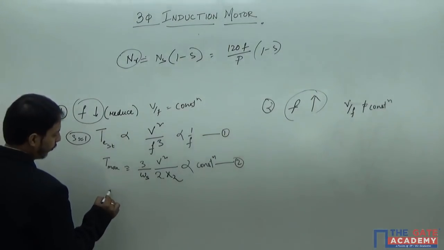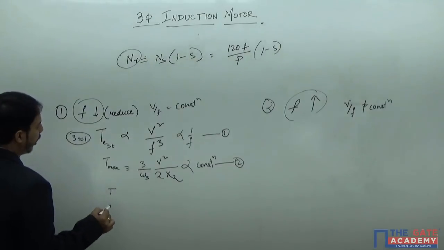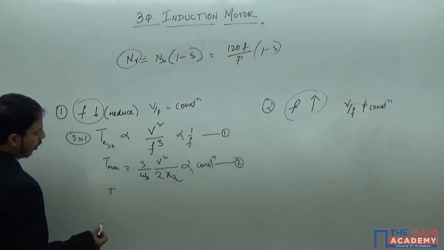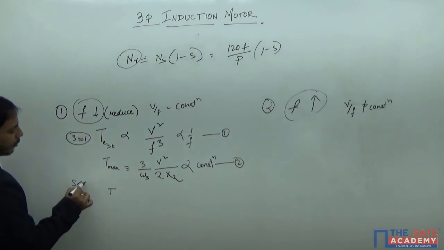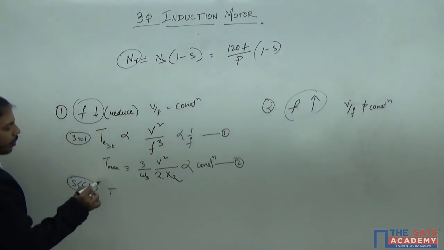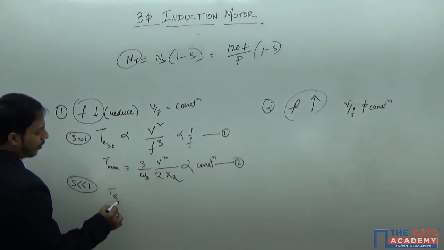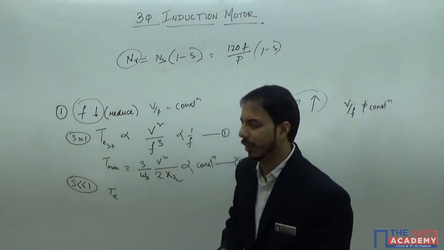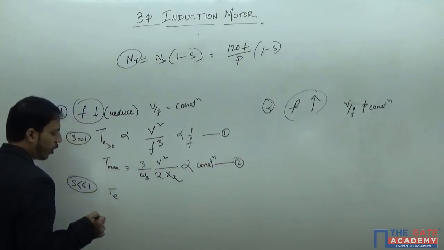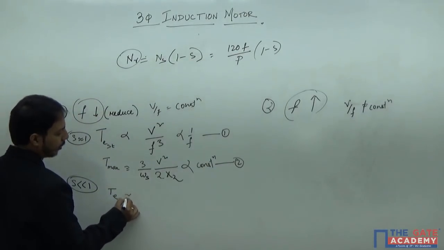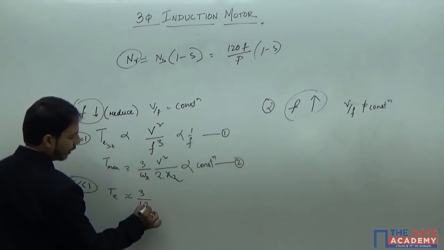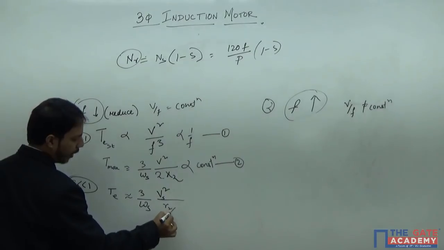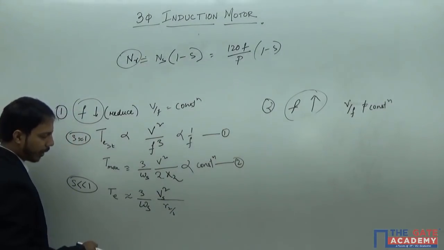Similarly, what else can we see? For low slip, that means when S is very, very less than 1, at that time what will be my T? In that particular case, 3 by omega S V square by R2 by S, and the whole square will get cancelled.